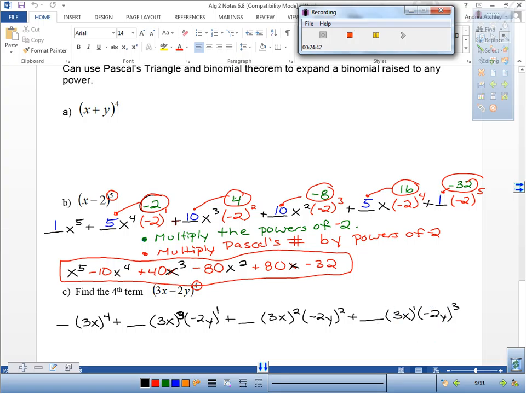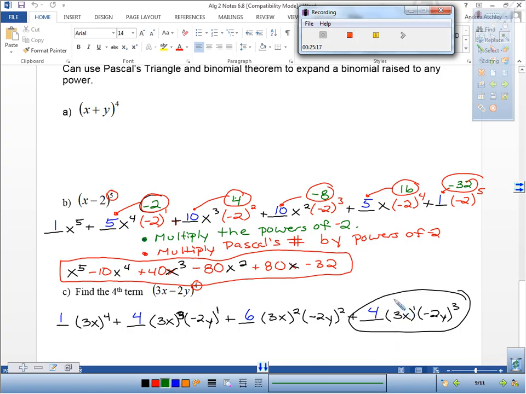Okay, if I wanted to write out the whole thing, I could. I just care about this one right now, because it wants the 4th term. Okay. So I need to go back and find the 4th degree, Pascal's triangle, which is 1, 4, 6, 4. So now I have to multiply all of this out.